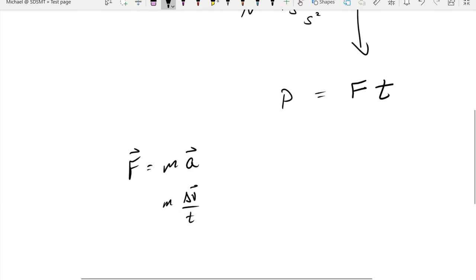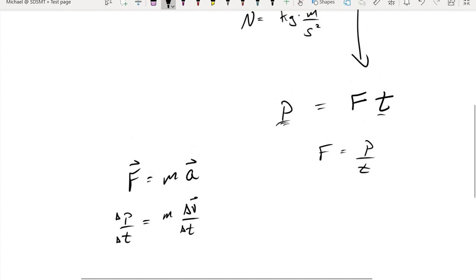And if force can be related to momentum, I'm going to replace force with momentum over time. Well, acceleration was defined as the change in velocity over time, so that means that we would actually have to call this a change in momentum.